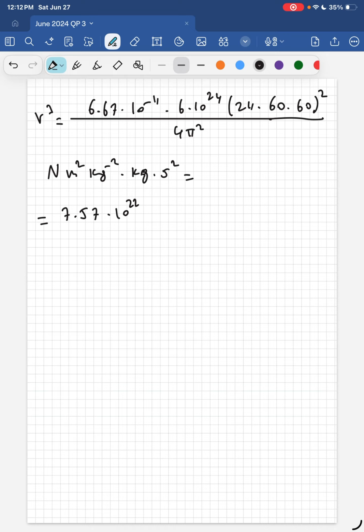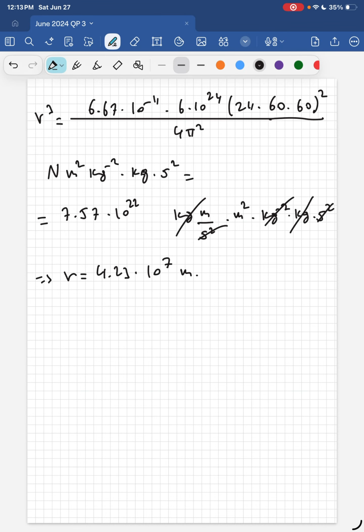And then let's see what kind of cancellations we have. If we expand the newton, we get kilograms meters over second squared times meters squared times kilograms to the minus 2 times kilograms times second squared. So seconds drop out, the kilograms cancel, and we are left with meters cubed, which is okay. So r is the cube root of all that, so 4.23 times 10 to the 7 meters.